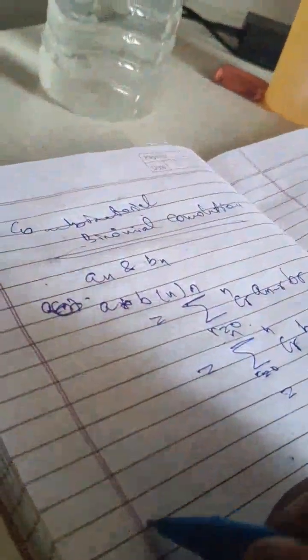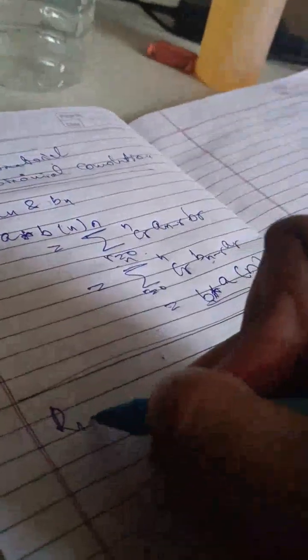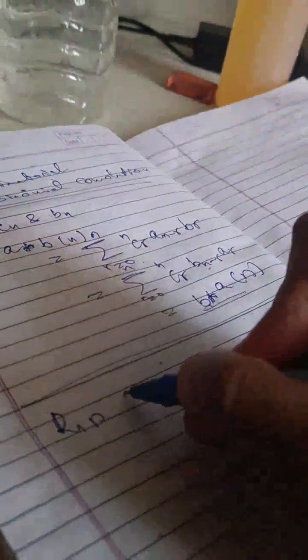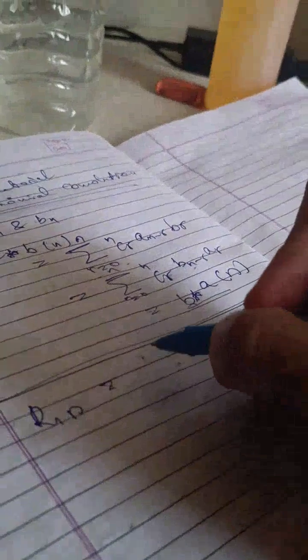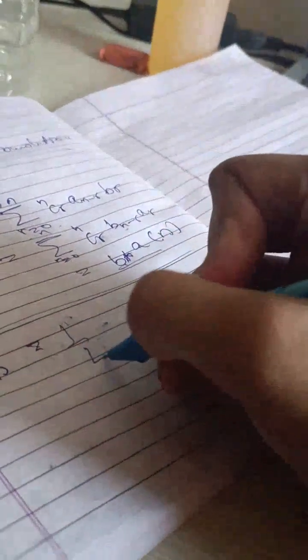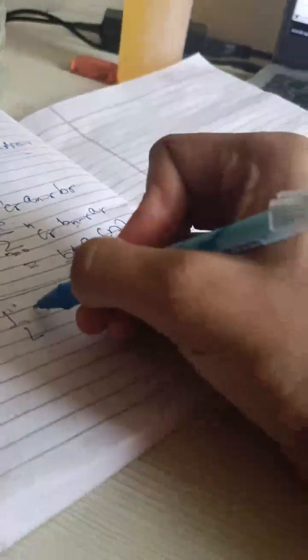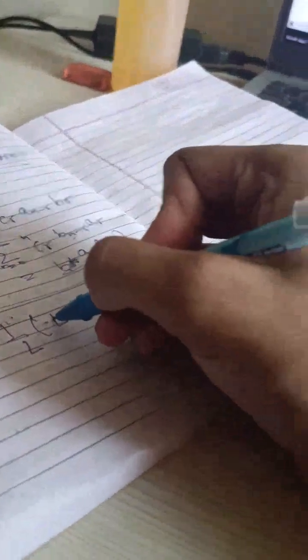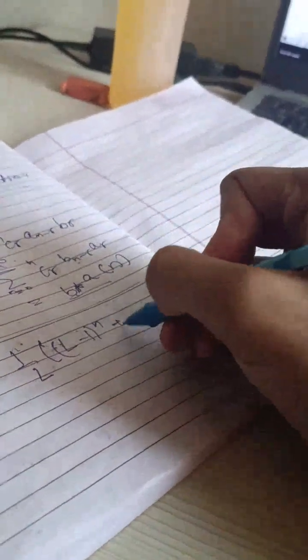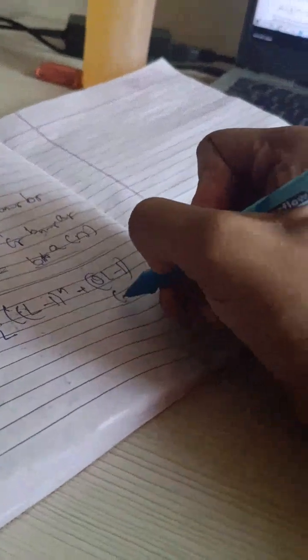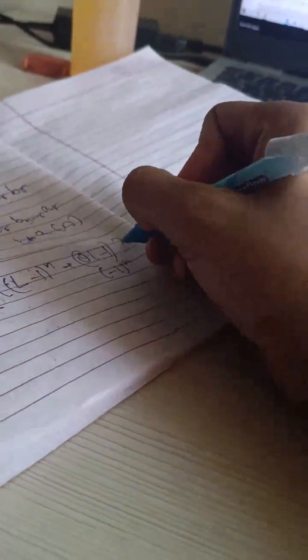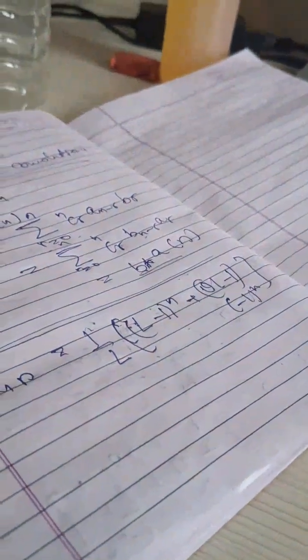Now, the definition of the function for the one-dimensional rook is said to be 1 by L, minus 1 power n, plus theta times L minus 1 times minus 1 power n, where L and theta are the parameters.